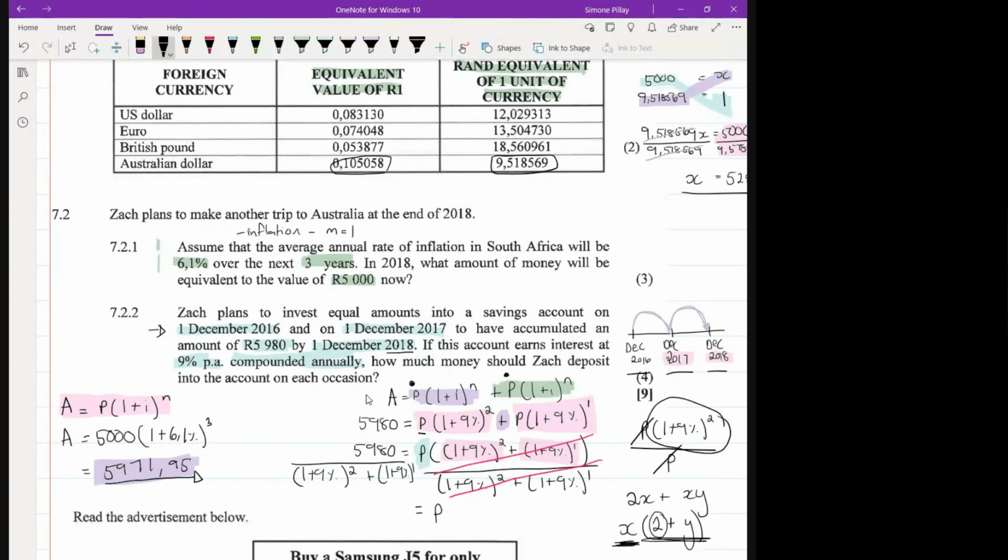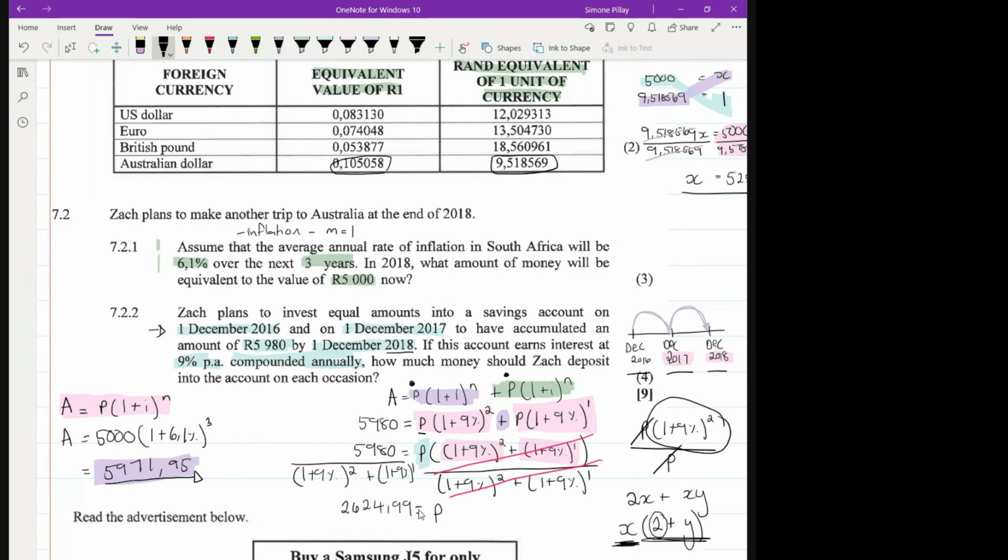One plus 9% squared plus 1 plus 9%. Okay, I have my answer. I'll wait for somebody. 100% Molebokeng, that's the same answer I got. 2624,99.